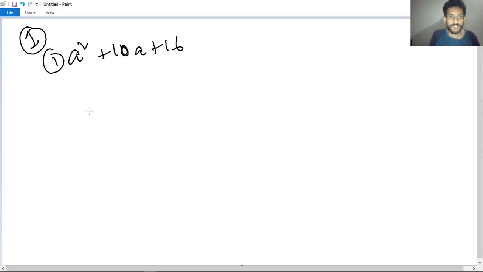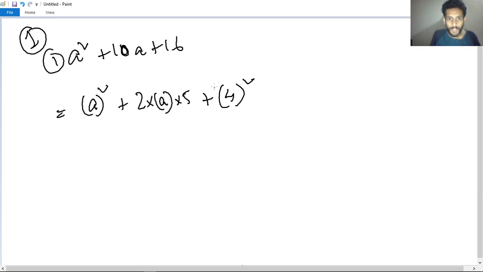Here if I write this in the form a square and the last one is 4 square, so the middle part contains 2 into a into 5 plus 4. But if I compare it here, it should be this number, but here it is 5, because if I multiply 2 into 5 it will give 10. So this is not a perfect square trinomial, so it is no.